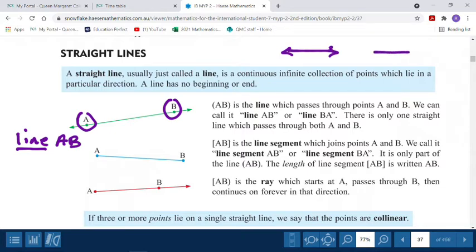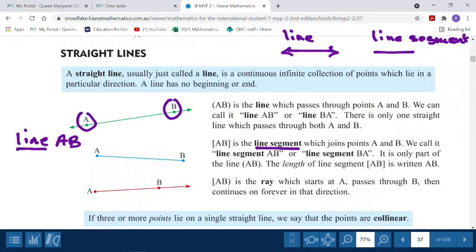If you see something that has a definite start and stop, that is actually what's called a line segment, even though we would colloquially call it a line. But a line is actually infinite. So this one is a line. This one is a line segment.